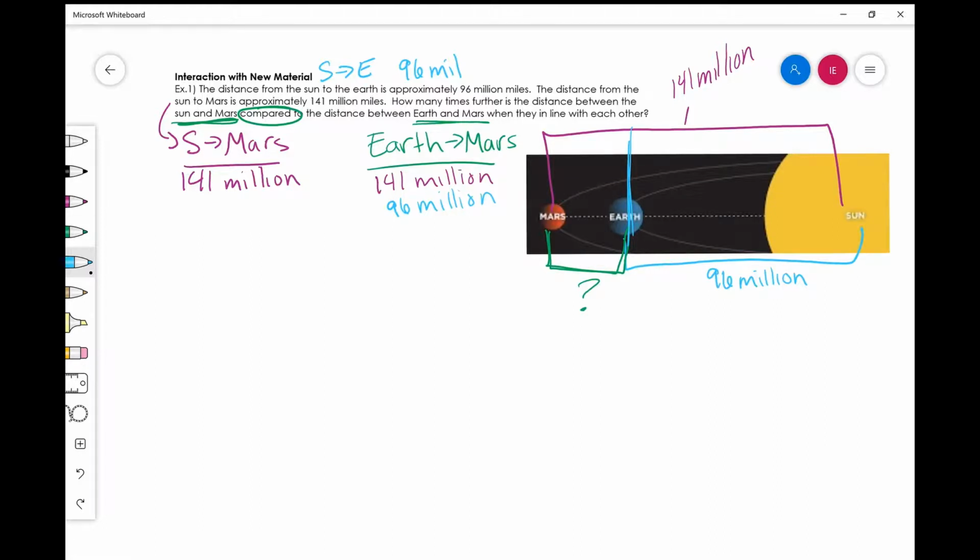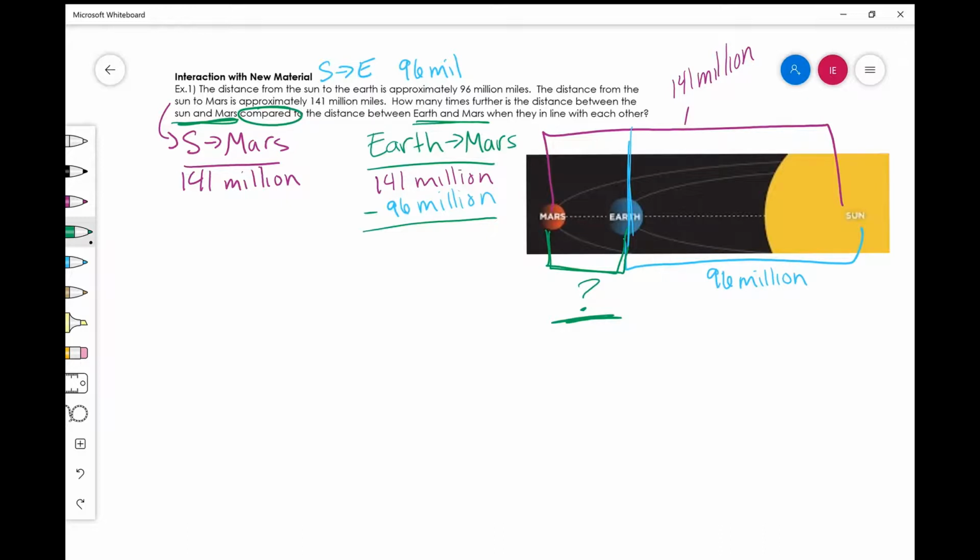So I can find this other missing part, Mars to the Earth, by subtracting part of the distance, 96 million, from my total distance of 141 million. The steps that we'll need to take are to first subtract 96 million from 141 million to find the distance between Earth and Mars, and then compare that distance to the distance between the Sun and Mars.